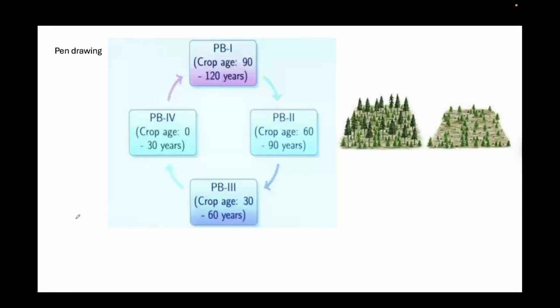Generally, we consider that our trees are 120 years of age, which are old mature trees, and these are the trees which will undergo timber extraction and preparatory felling.